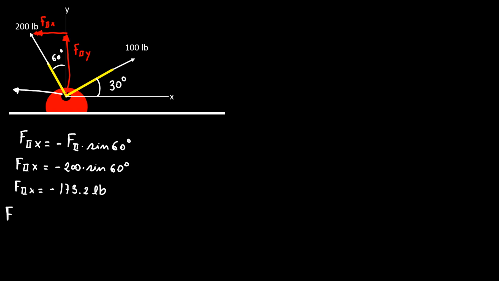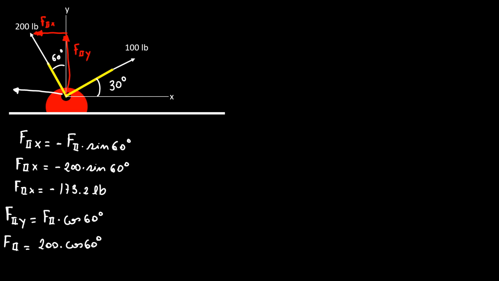So our F2y is equal to F2 times cosine of 60. My F2 is equal to 200 pounds times cosine of 60.